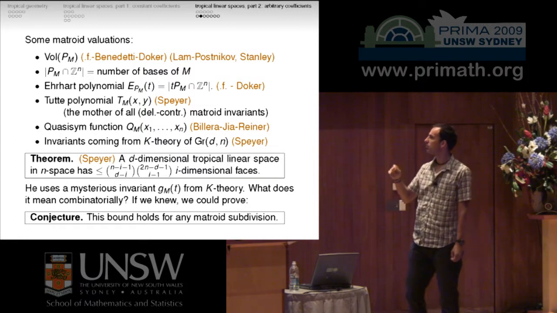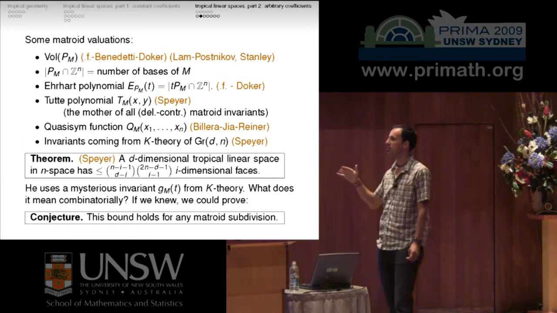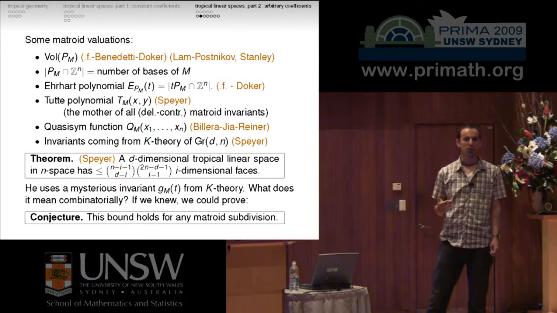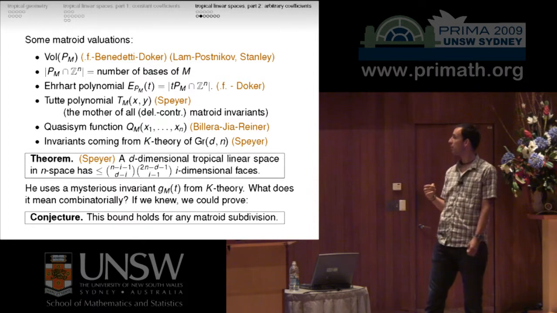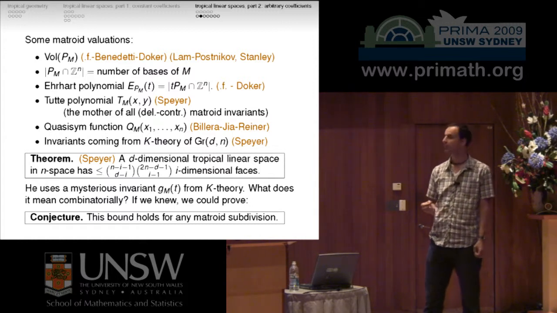Now, maybe the main application of these ideas is this theorem of Speyer that gives a bound for the number of faces that a tropical linear space has in each dimension. Okay?